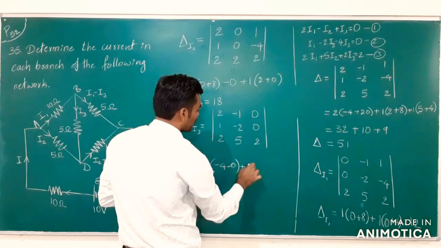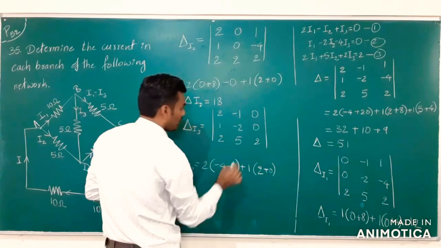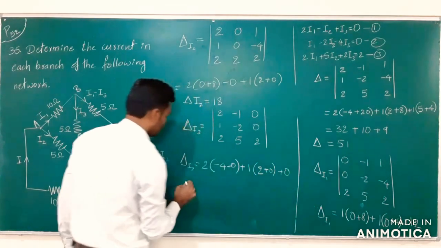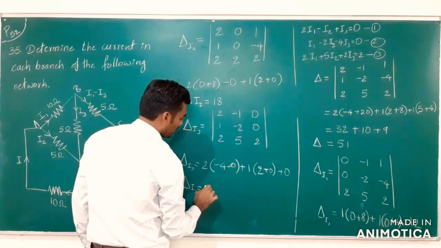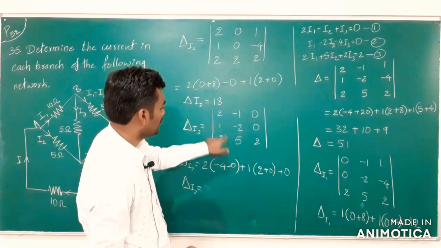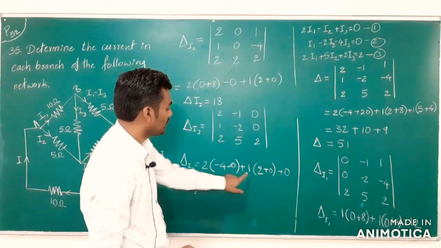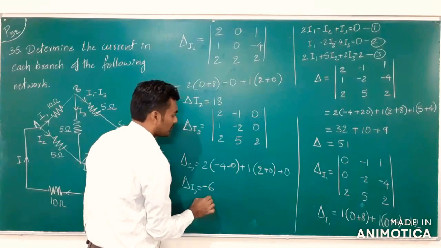Minus into minus plus 1 into 2 plus 0 and 0. So delta I3 is equal to minus 8 plus 2, which is minus 6.